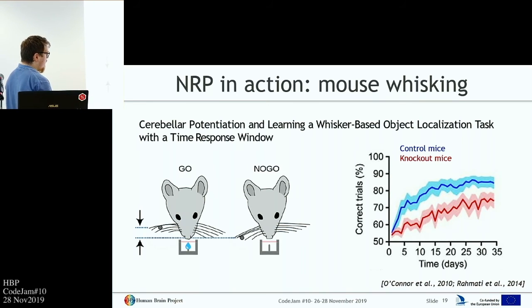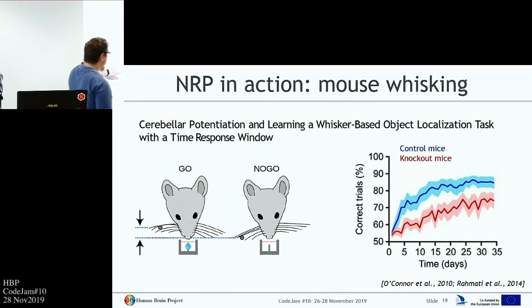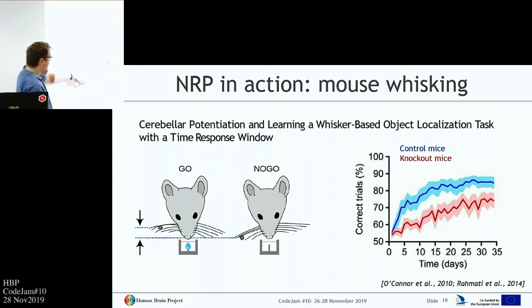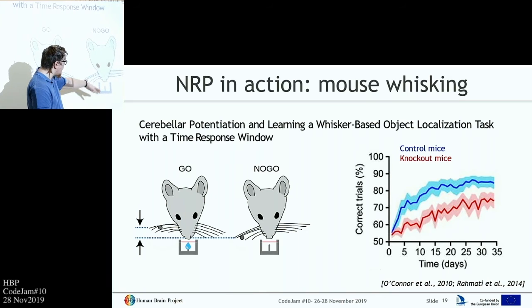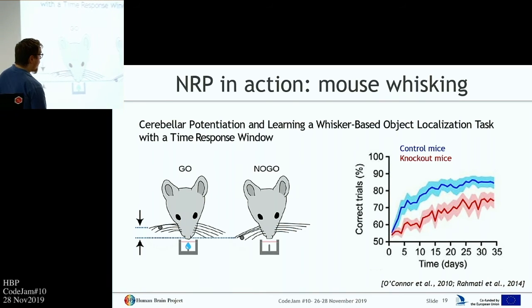The no-go is where the reward is not there. And how does the mouse know whether the reward is there or not? Here we have a little pole that the mouse is able to sense with its whiskers. If the pole is backward, then we have the reward. We are in a go trial. If the pole is in a forward position, then we are in a no-go trial.